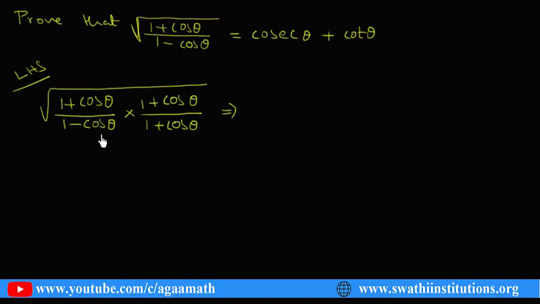If I simplify this, I get (1 plus cos theta) whole square by, a minus b times a plus b is a square minus b square, so 1 minus cos square theta.